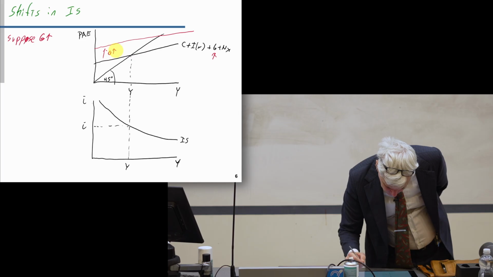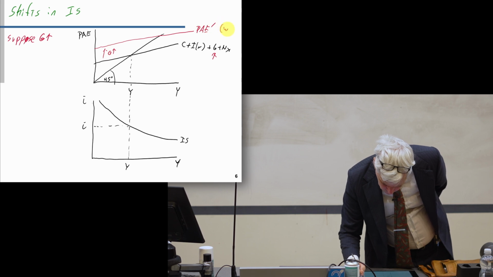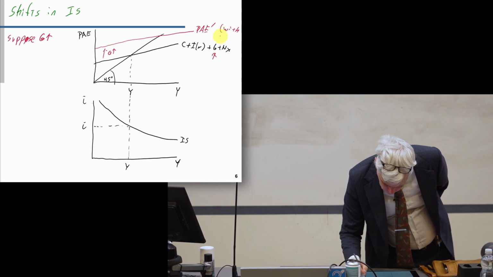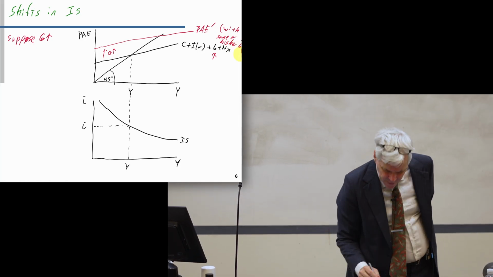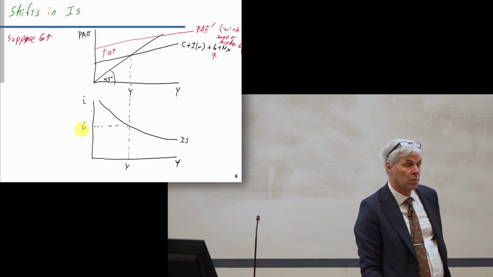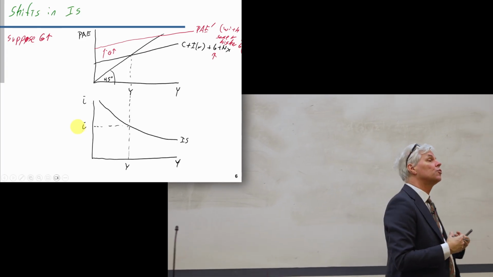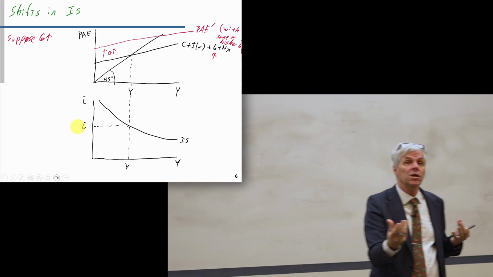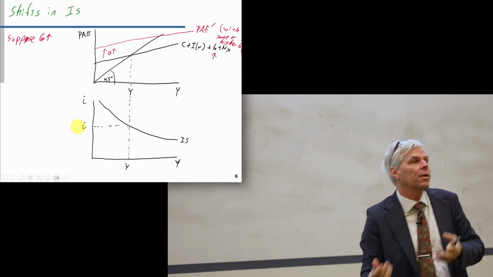This is G going up. Same R and higher G. So all I've done is I've kept the interest rate the same here. Right? And I've drawn the thing, so investment didn't change, and I've drawn it with this higher government spending.